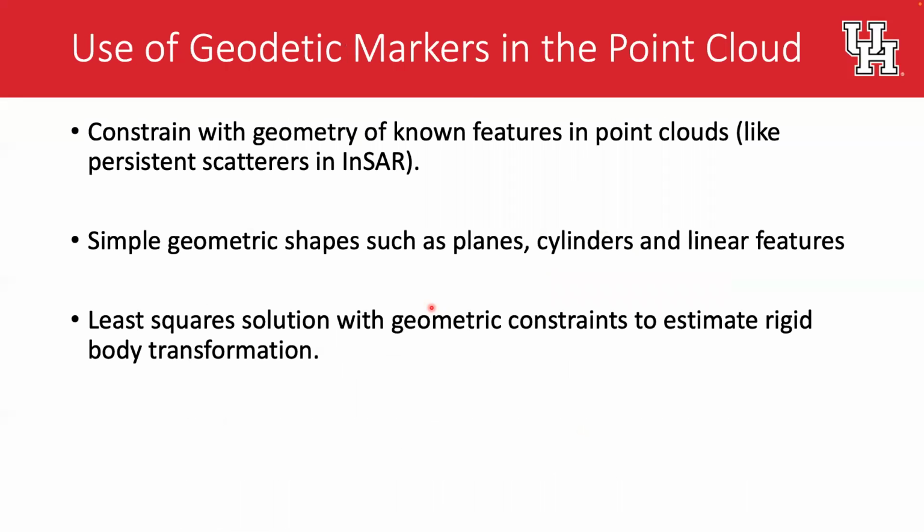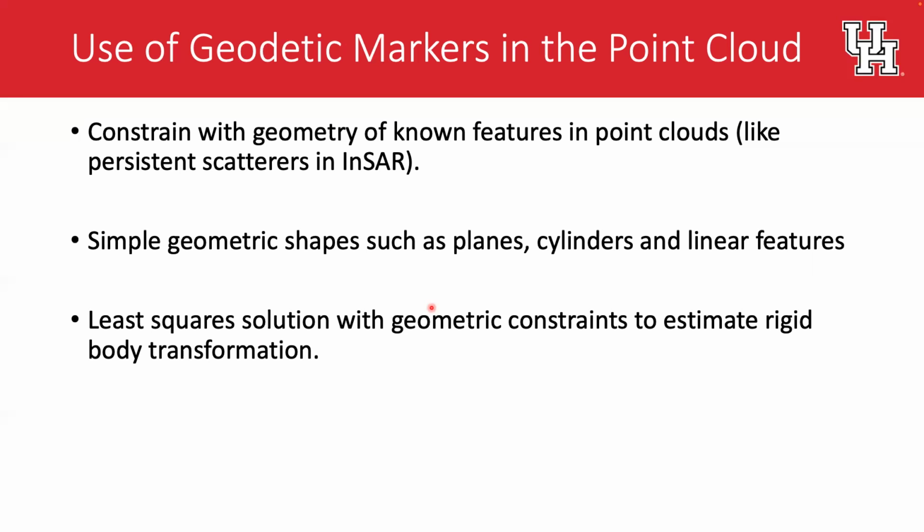And the answer that comes out of that is we borrowed something from the InSAR world. When they are tracking deformation across time, they use a technique called persistent scatterers. So they're looking at features that they can track rather than just tracking motion. And so the idea here is, well, can we do the same thing with lidar? Can we constrain the geometry of the point cloud using known features? And the easiest features are just simple geometry.